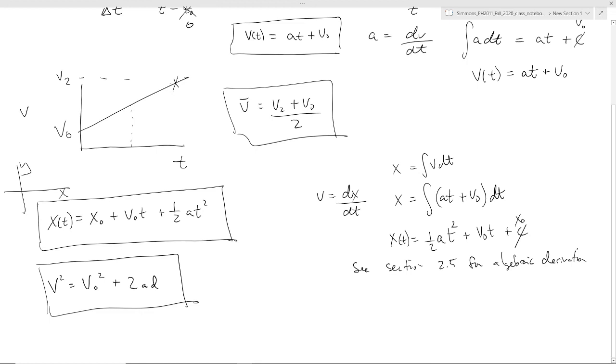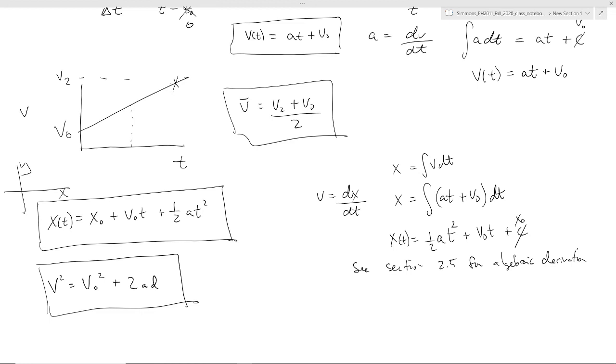V final squared is going to equal V initial squared plus 2 times the acceleration times the distance. So these 4 expressions are very useful. You're going to use them to solve lots of problems, and they're in your homework.